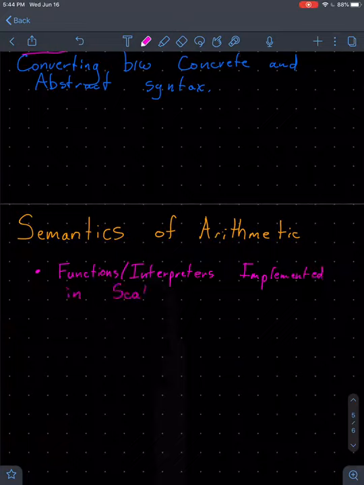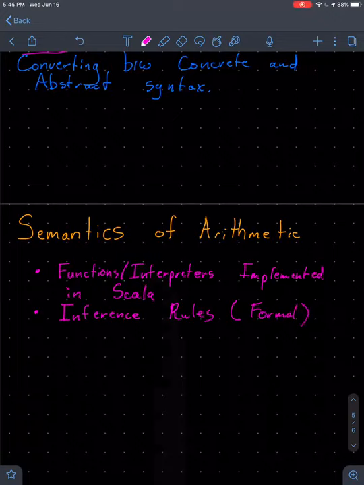And then in the classroom, we'll mostly focus on inference rules, which are more formal. This is what programming language designers typically use when we're trying to write down rules for a programming language and then implement them. This is kind of the starting point. So inference rules are the formal definition of a language, or of the rules of the language.